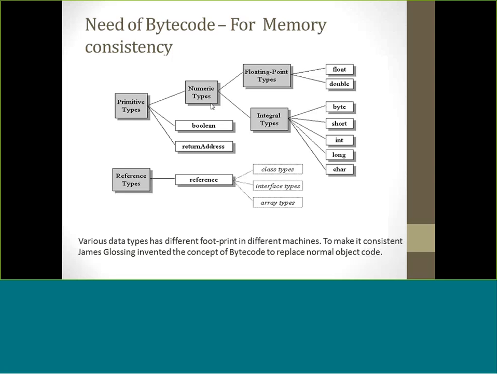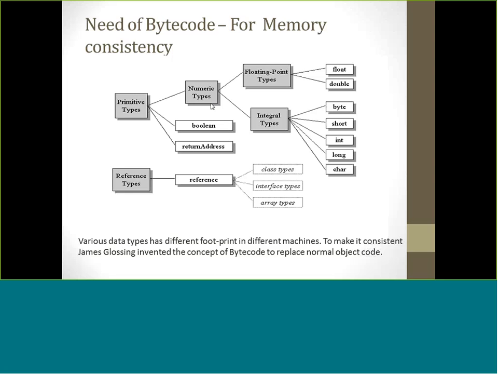This data can be related to anything. It can be a number, a string, an image, a video. It's all data. Now, how does the computer represent data on different architectures?